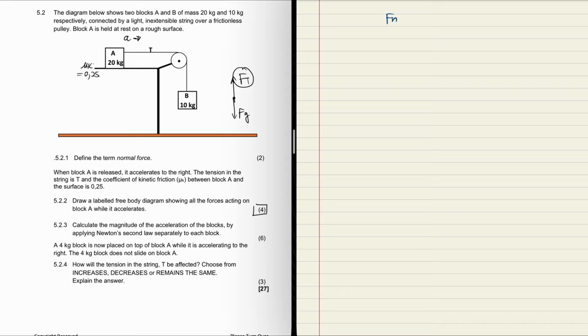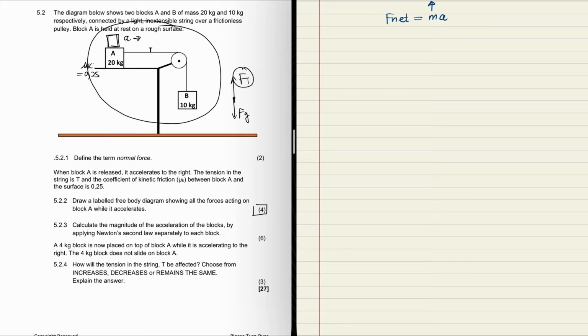So F net equals ma. Now, since the mass of A is increasing, the mass of the entire system is going to increase. If the mass increases, that's going to have an effect on both the net force and the acceleration.